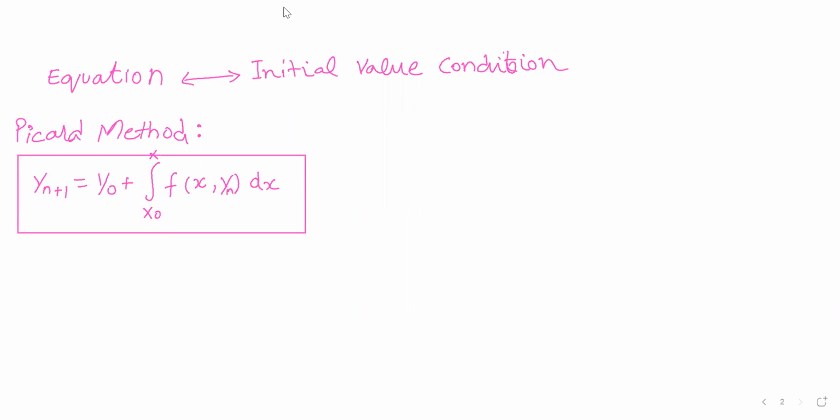Let's solve one question. In the question, it is given that dy by dx equals x plus y squared, and the initial value condition is y of 0 equals 0.